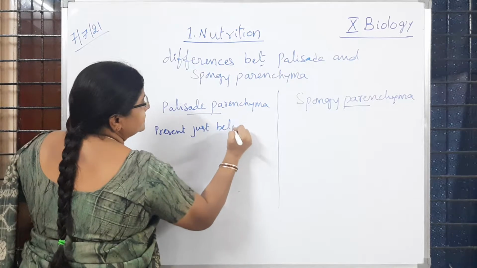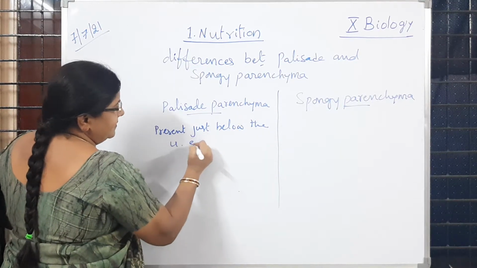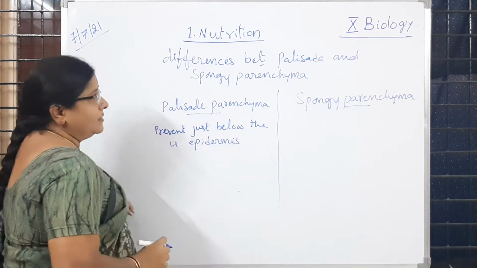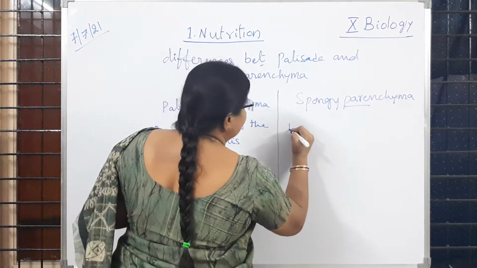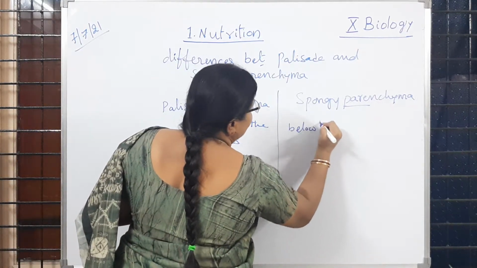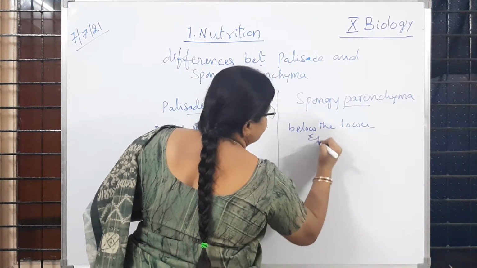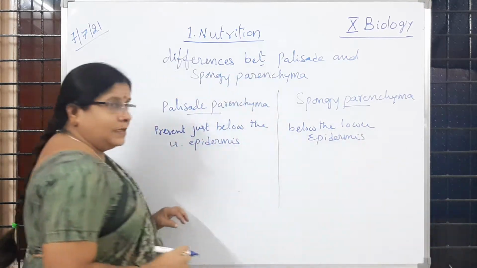Then spongy parenchyma, where is it present? It is present below the lower epidermis. Is it clear to you?